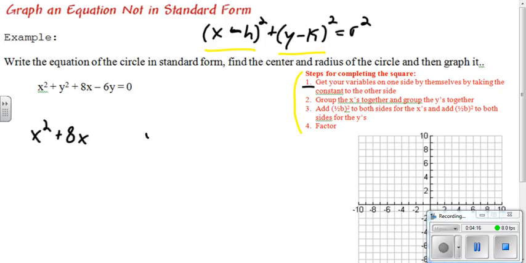Over here we have y squared minus 6y is one piece, and it all still equals 0, or equals our constant values. Now remember, when completing the square, we need to be looking for those square values. So let's put parentheses around this, put our plus sign in between, and parentheses around our y values as well.